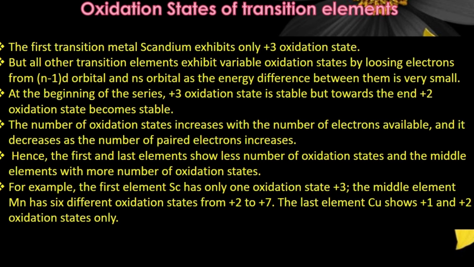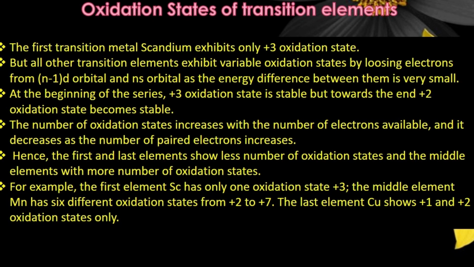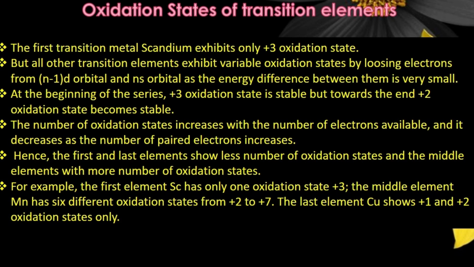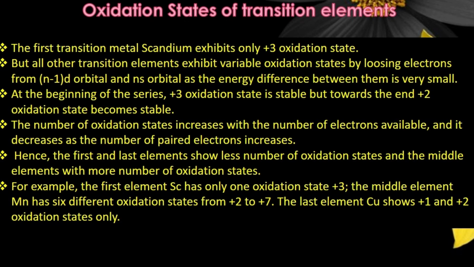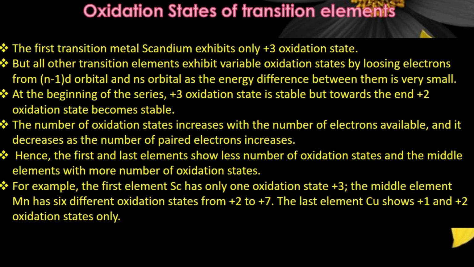If you consider the transition elements, they have their valence electrons in (n-1)d and ns orbitals. There is very little energy difference between these orbitals. Hence, electrons from both the energy levels can be used for bond formation. As a result, transition elements exhibit variable oxidation state.